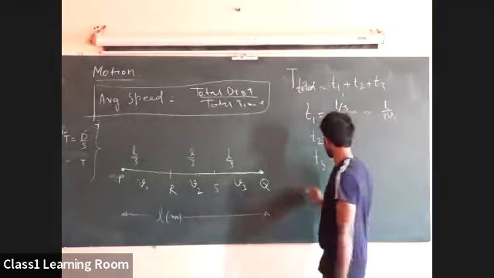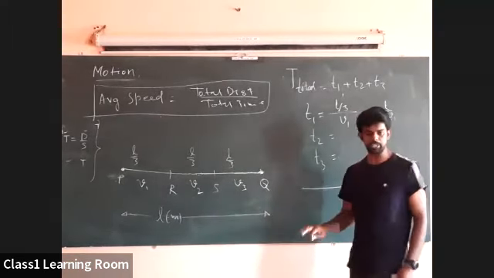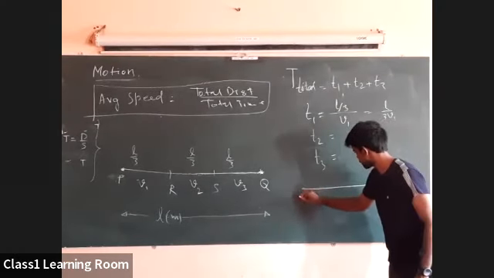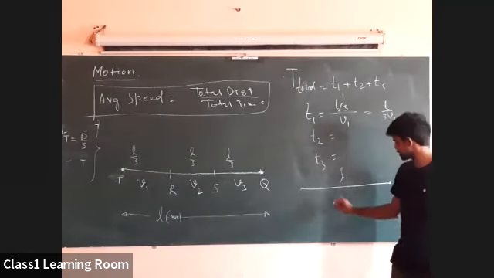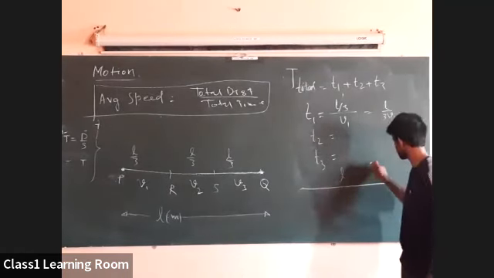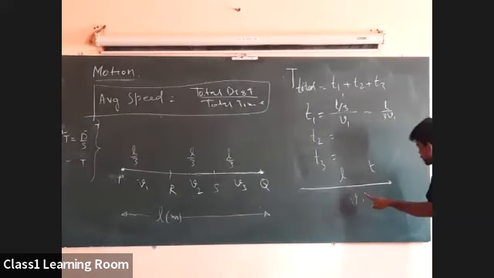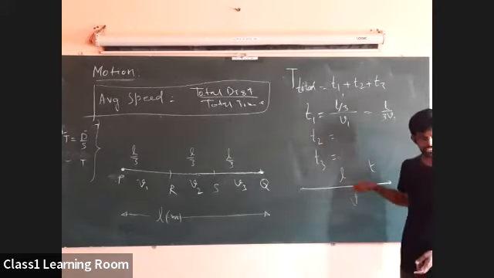See, for a particular distance traveled, if you have from this point to this point the length L, and some time, let's say T, and the velocity V, you have the relation between these.